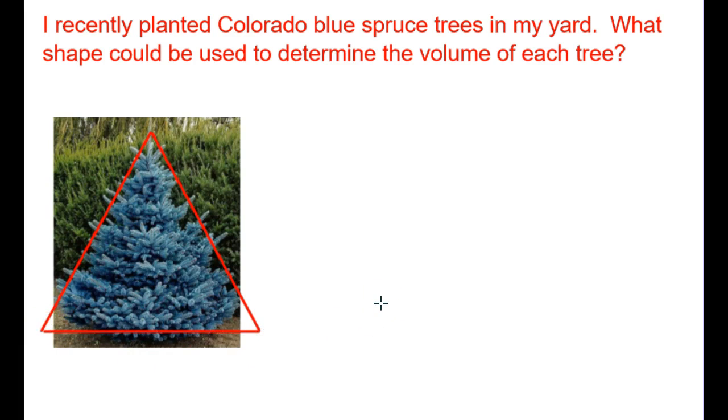Okay, so right now that looks like a triangle, but you have to imagine this is three-dimensional, so that's going to rotate around. So the shape we're actually going to be working with is a cone. Right now we have an equilateral triangle. For the volume for a cone, the volume is equal to 1/3 times pi r squared h. So we need to determine what the radius is and what the height is.